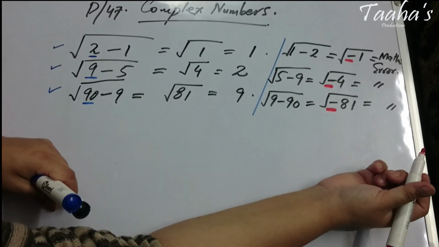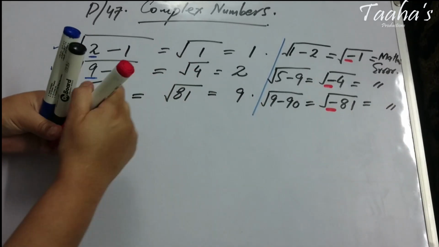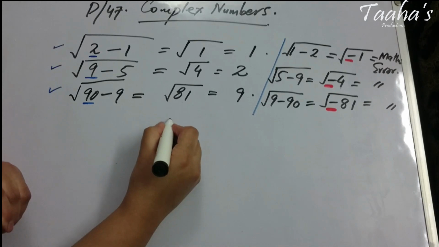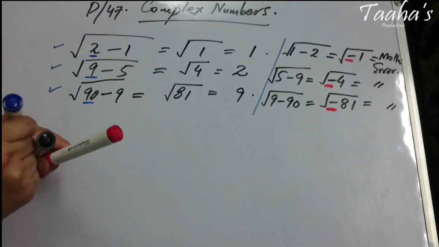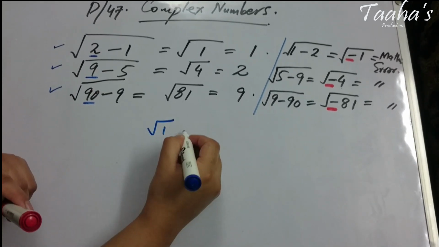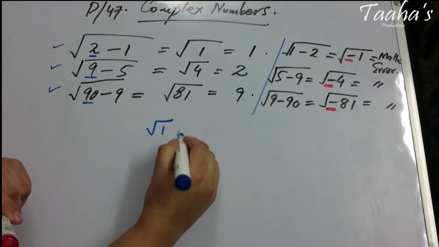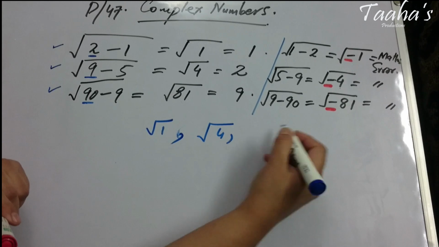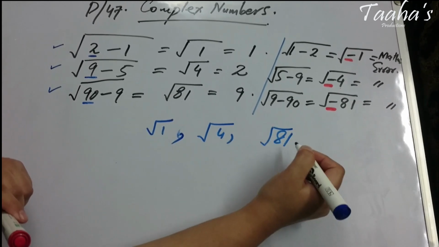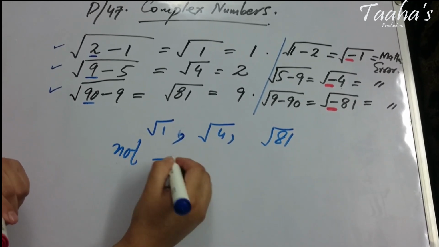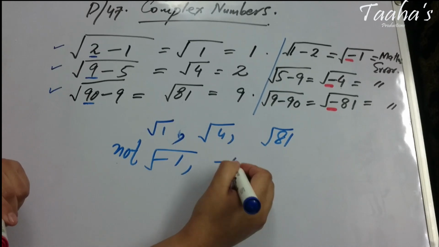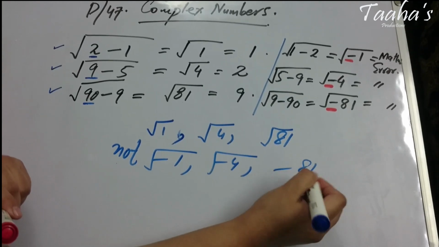So what is the solution? The calculator is giving you only the answer of positive square root of 1, positive 4, and positive 81, not minus 1, minus 4, minus 81.